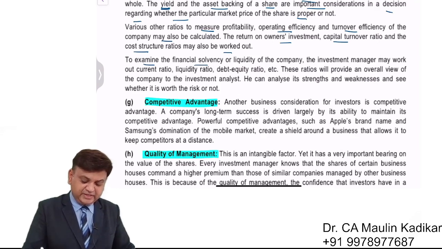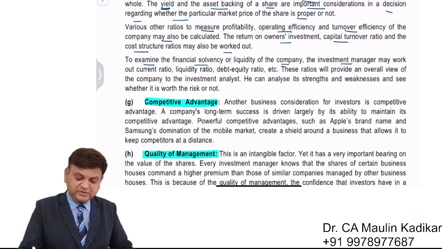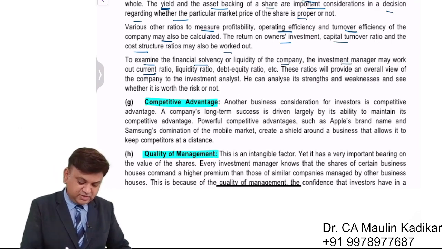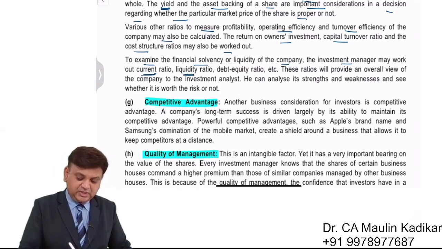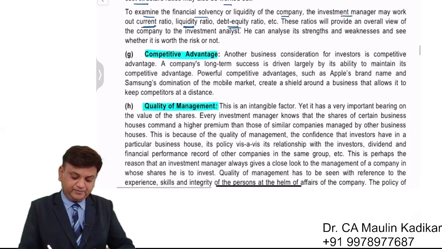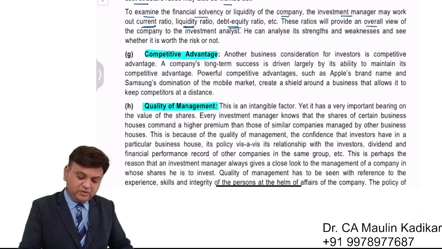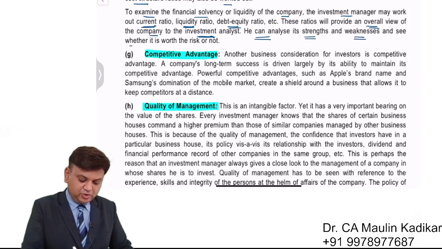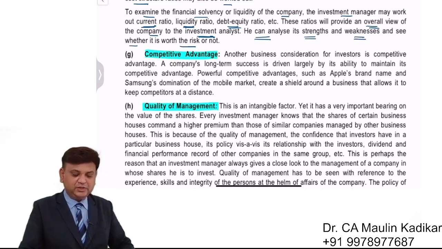To examine the financial solvency or the liquidity of a company, the investment manager may work out the current ratio, liquidity ratio, debt equity ratio, etc. These ratios will provide an overall view of the company to the investment analyst. He can analyze its strengths and weaknesses to see whether it is worth taking the risk or not.